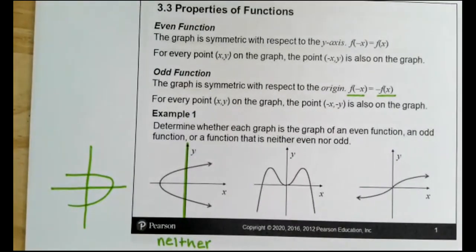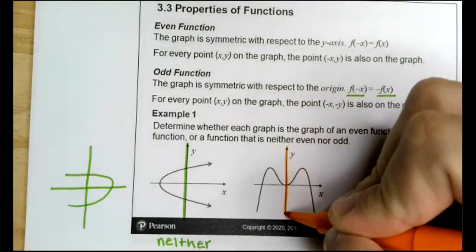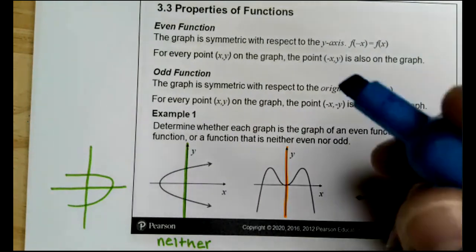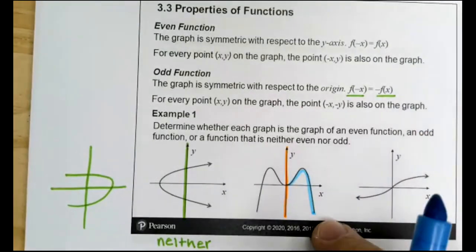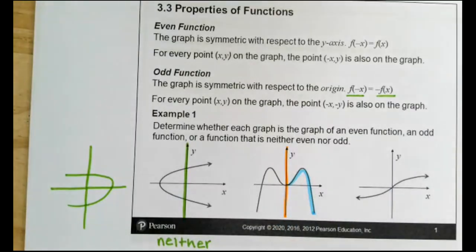The second one, would the graph lie on top of itself if I folded it along the y-axis? Does one side mirror the other side? If I folded that, would it be the same as that? Yes. So it is even.